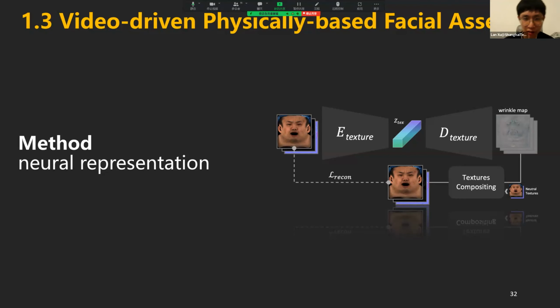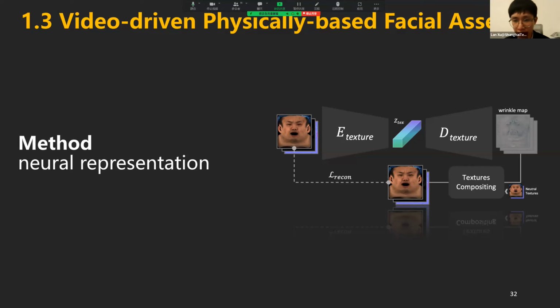But the texture is quite difficult because we design the texture networks in the UV space. We capture the 4D geometries and then bake all the physically based appearance information into the UV texture, right? So we further design the texture networks to predict the wrinkle map or the offset on top of the albedo map.